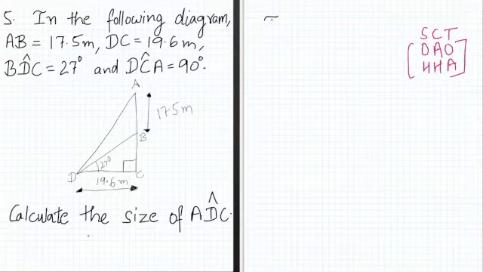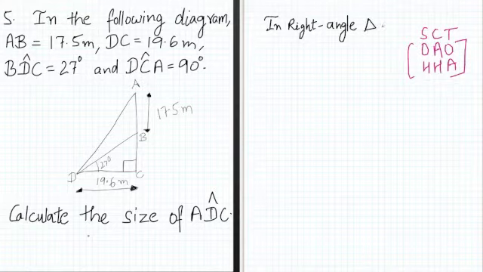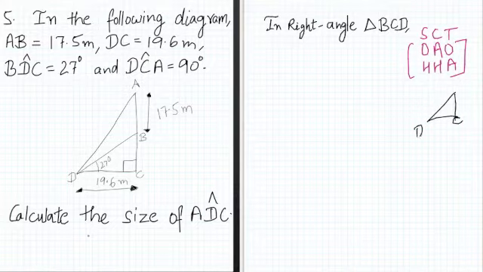So in right angled triangle BCD, in this small triangle BCD, this is C, this is D, this is B, this is given 27 degree, and this is 19.6, and we don't know this.